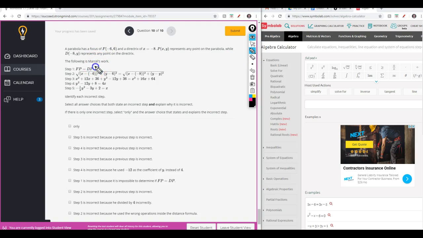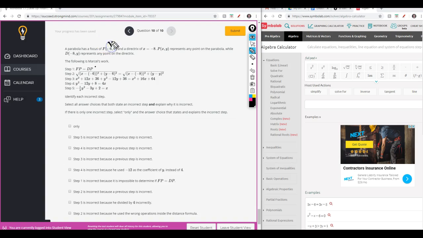Okay, well step 1 is correct because we do want to know the distance between the focus and the point on the parabola is equal to the distance from the directrix to the same point on that parabola. So then step 2, let's check to make sure that they had the distances correct.